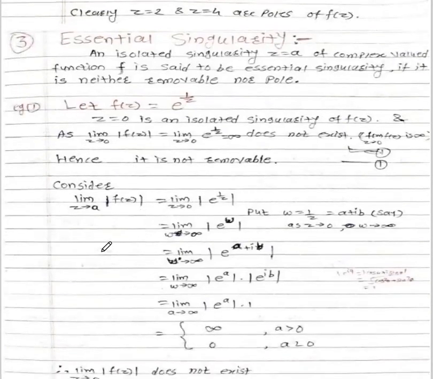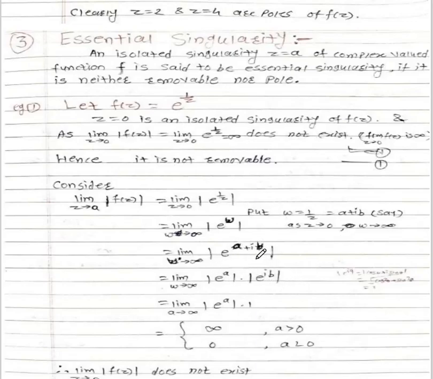Second, consider limit z tends to 0 of mod e to the power 1 upon z. For the simplification, we will put w equal to 1 upon z. So that is limit w tends to infinity of e to the power w, where w is a plus ib.